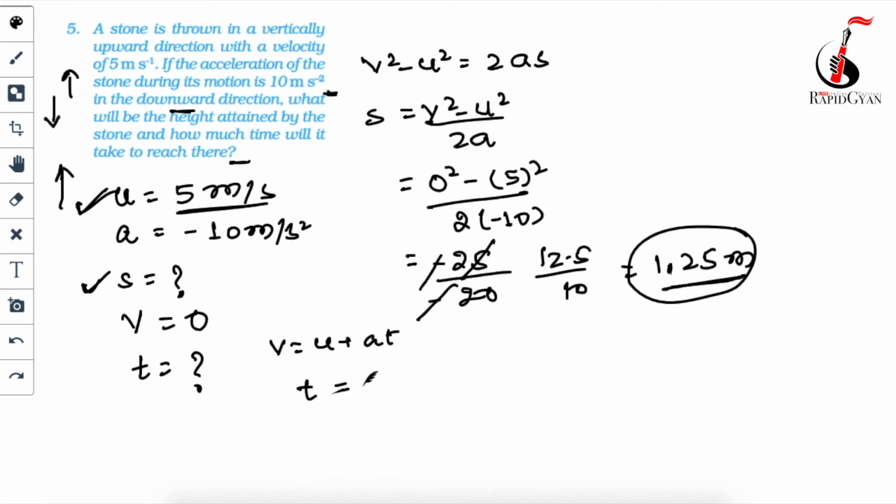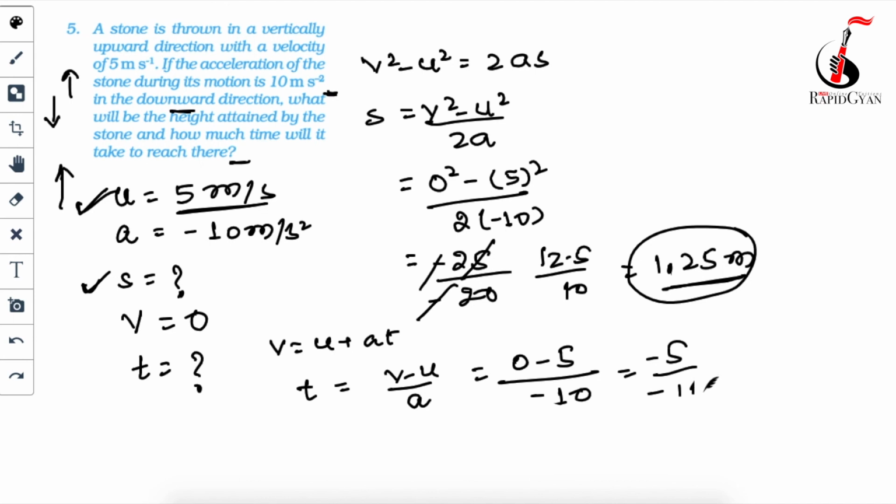So your t will become v minus u upon a, which means 0 minus 5 upon minus 10. This is minus 5 upon minus 10, the minus cancels out, which is 1 upon 2 second. That's your answer.